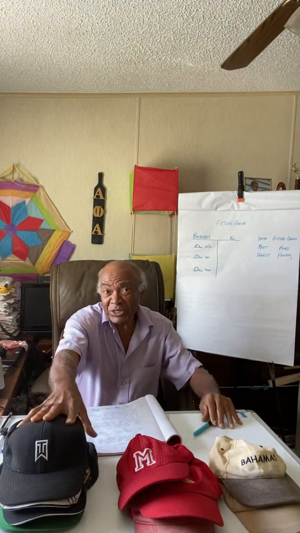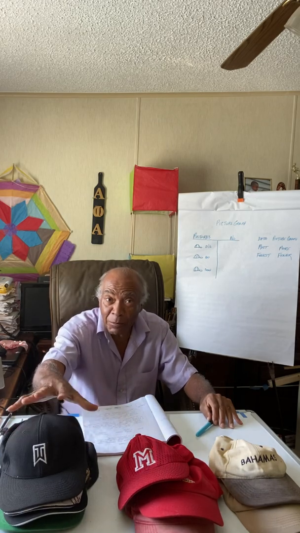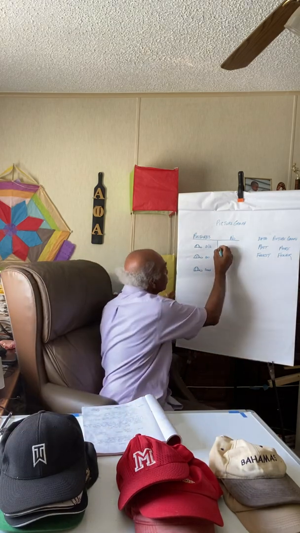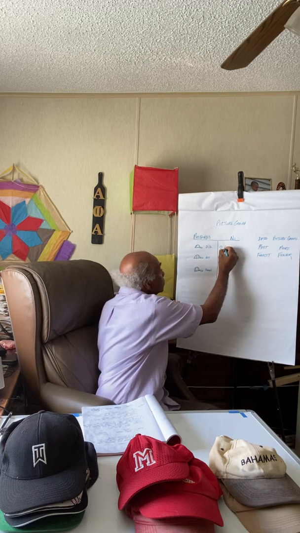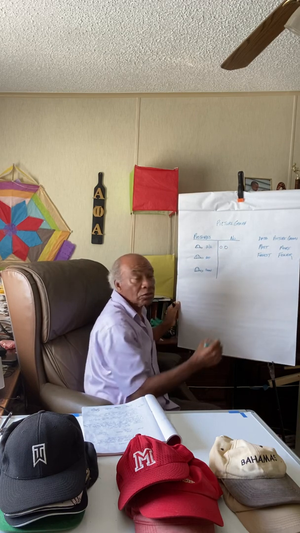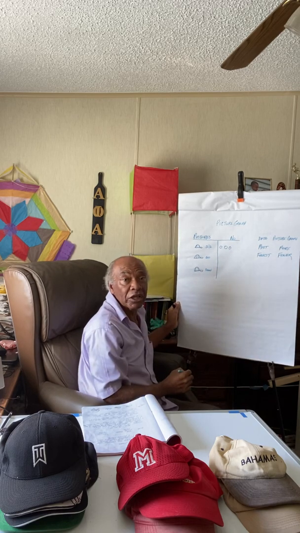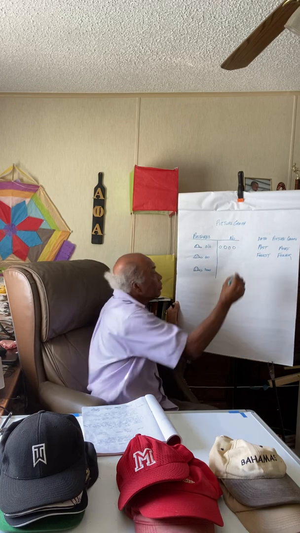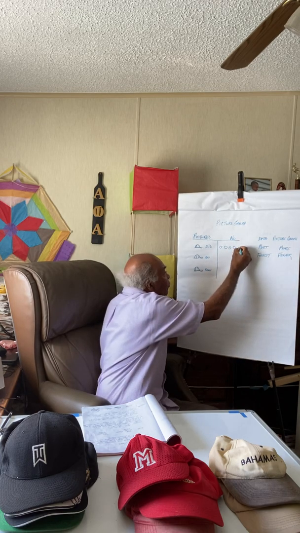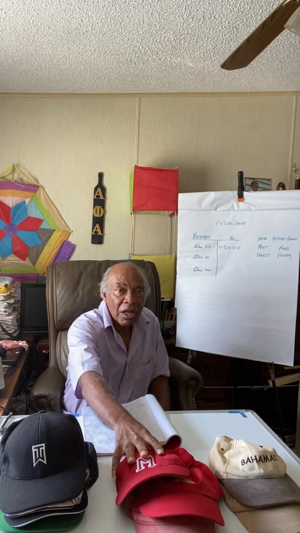So let's represent this on our picture graph. There are 5 black ones. 1, 2, 3, 4, 5.